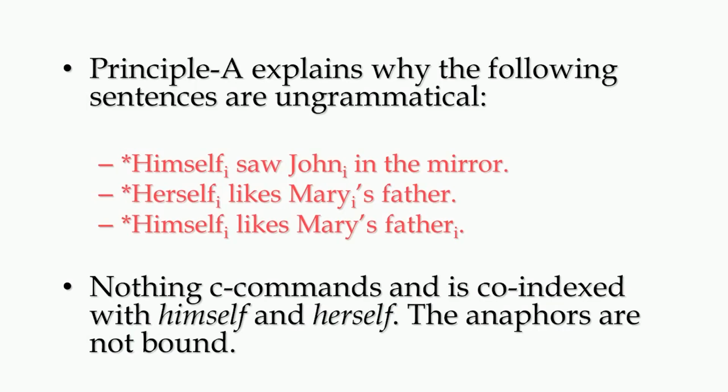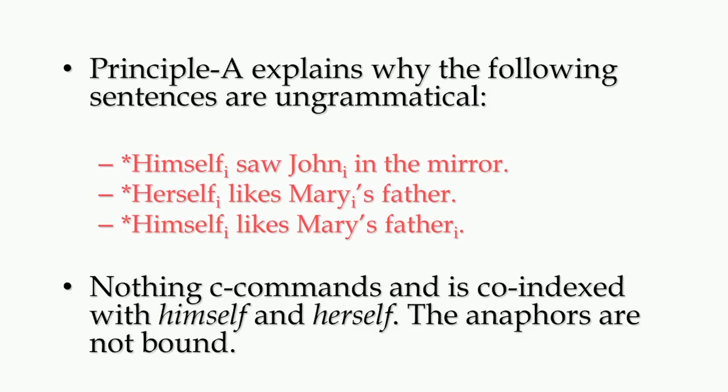Similarly, the anaphor herself may have a co-indexed element in the second sentence, herself likes Mary's father, but the sentence is ungrammatical because the antecedent does not c-command the anaphor. Number 3, himself likes Mary's father, is also ungrammatical because of this c-commanding.